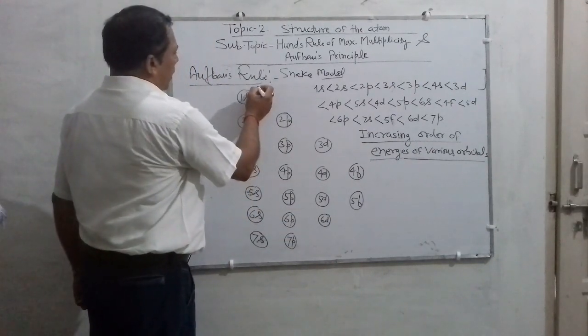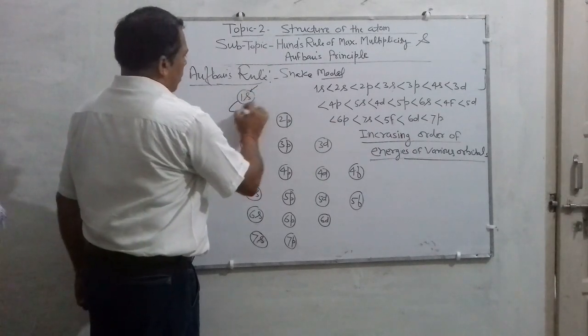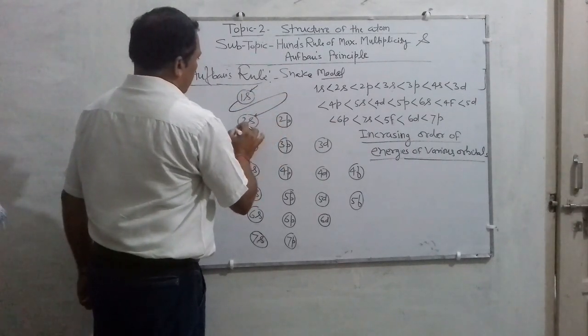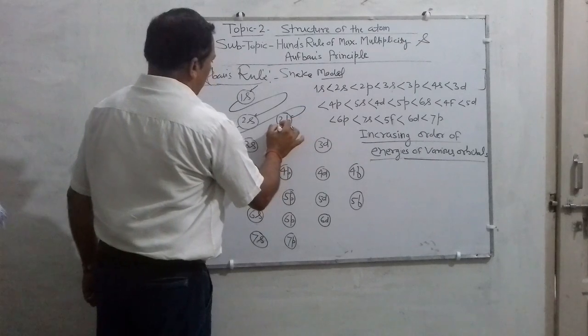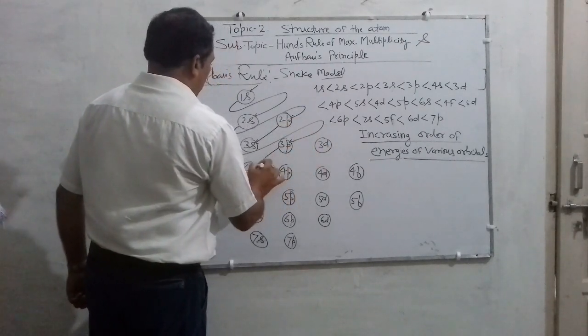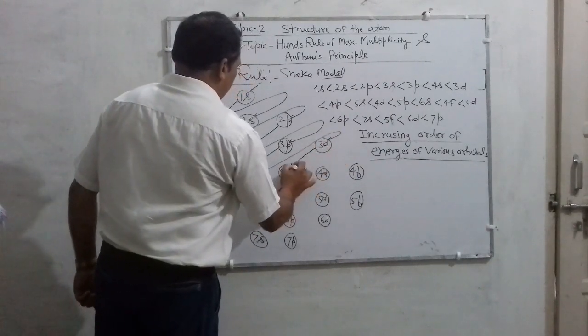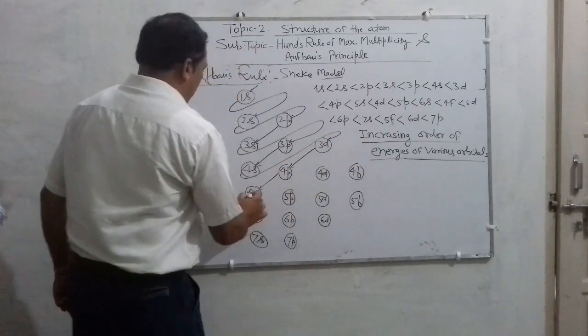They are filled in this order: 1s, then 2s, then 2p, then 3s, then 3p, then 4s, then 3d, then 4p, then 5s.